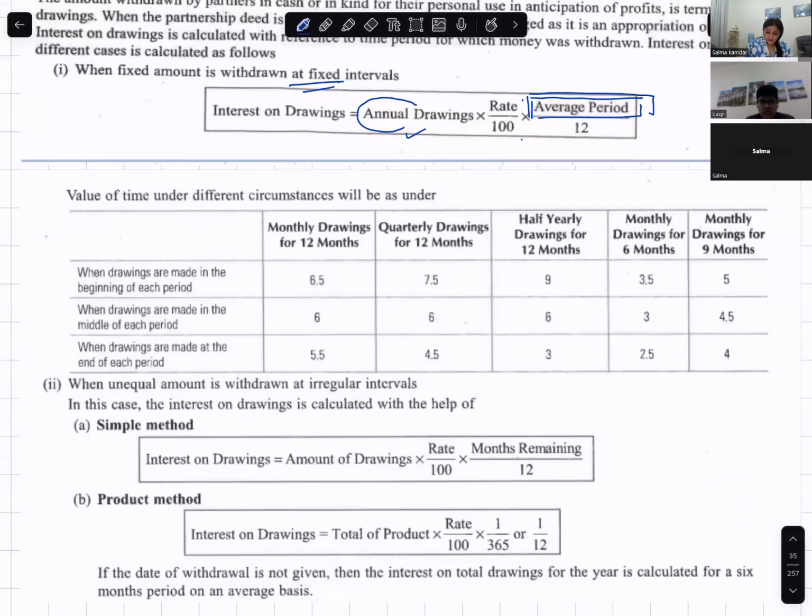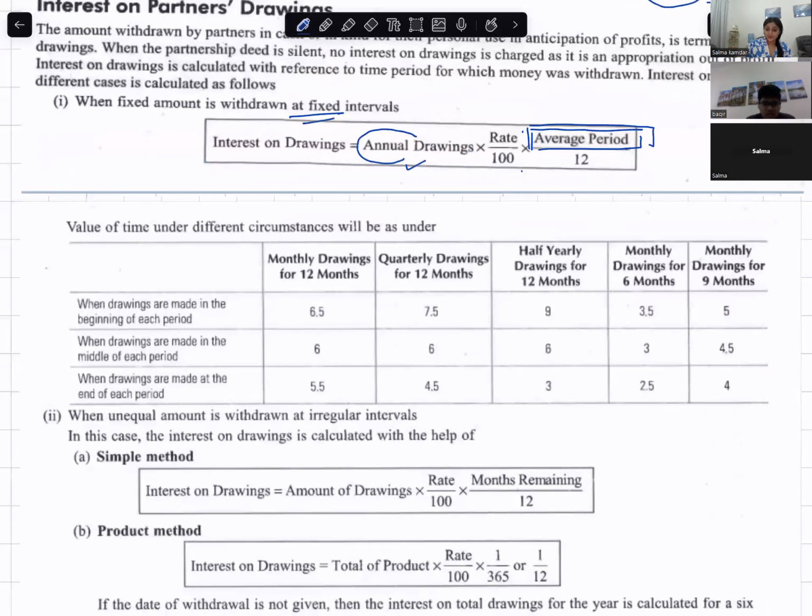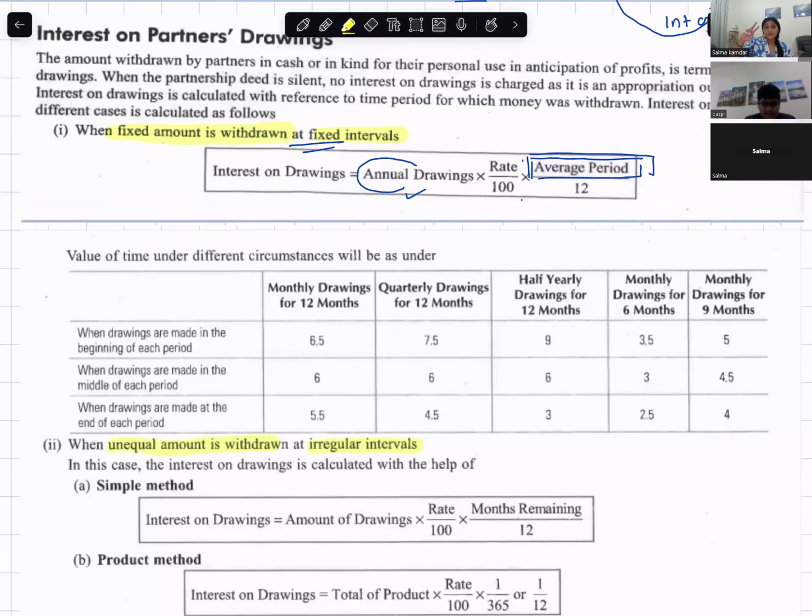So there are two situations when you calculate interest on drawings. The first situation is when a fixed amount is withdrawn at fixed intervals. And the second is when unequal amounts are withdrawn at irregular intervals. Two situations: fixed amount, fixed interval, or situation number two, unequal amount, irregular interval.